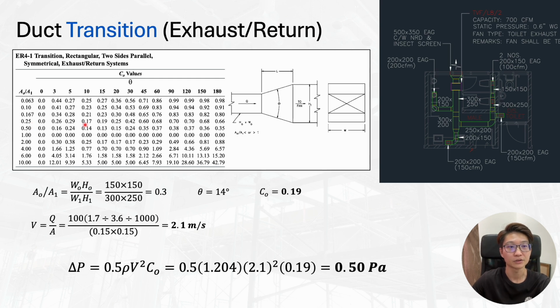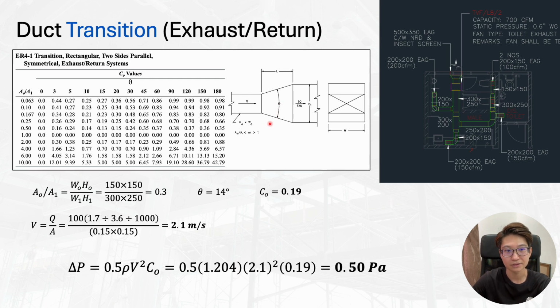Alright, the next variable is theta, the angle of the transition. If you are following the SMACNA duct construction standard, for enlarger, small to big, they say it cannot be more than 60 degrees. If it's big to small, it is 45 degrees. That's the maximum, so you can design whatever you want.